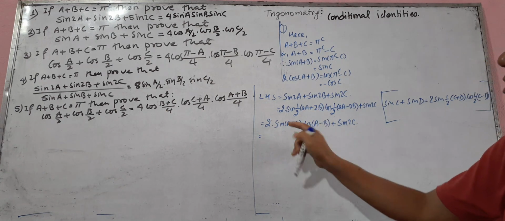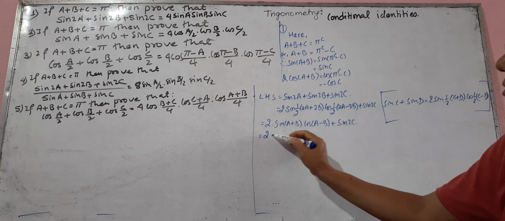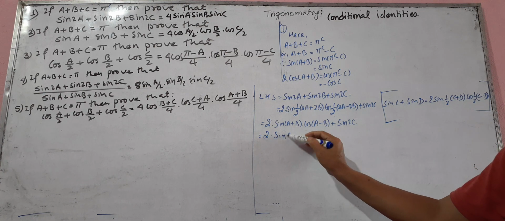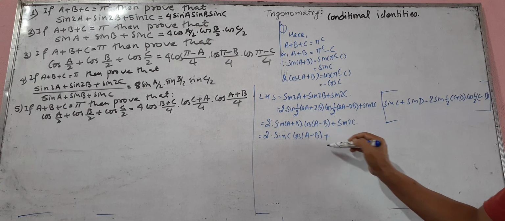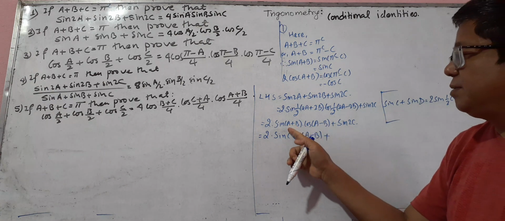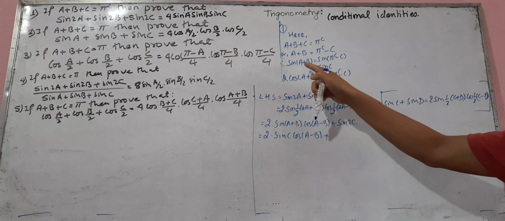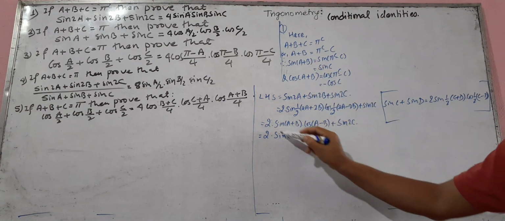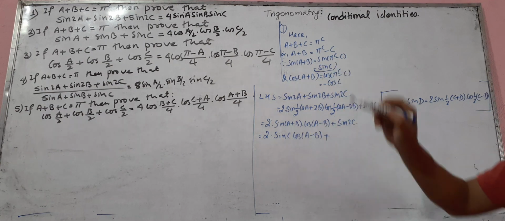So now we use the condition. Sine of a plus b is sine c. Look here, we have changed sine of a plus b to sine c by using the condition.